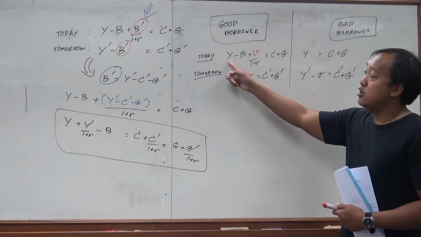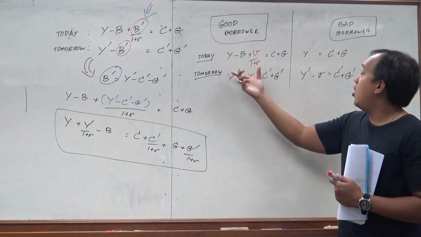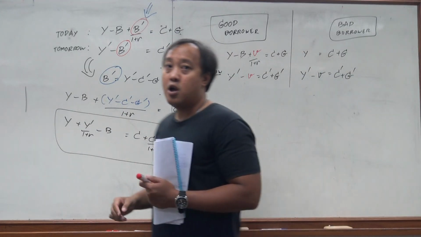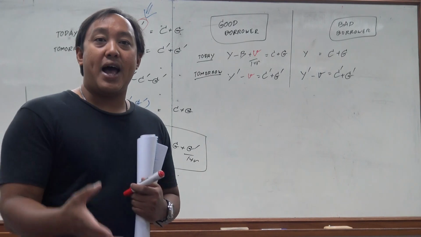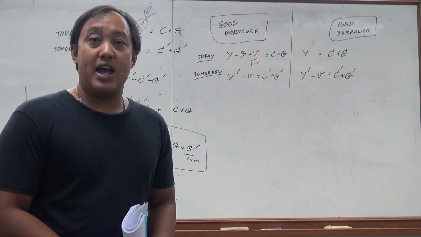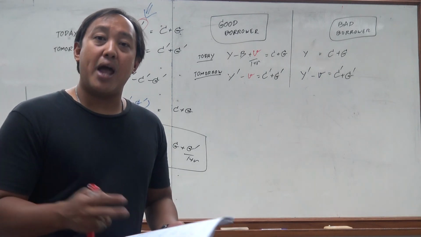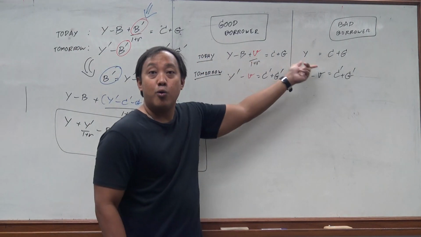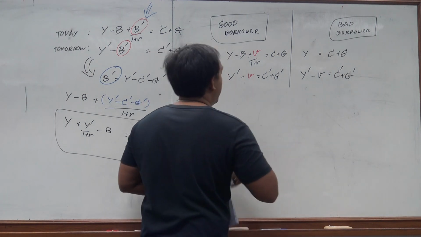As you can see, today's equation for the good borrower is quite long, while tomorrow's equation is quite short, only a y. So your country is going to be good or bad depending on which one gives you more benefit, depending on which one is larger. So then, every country is gonna be bad.